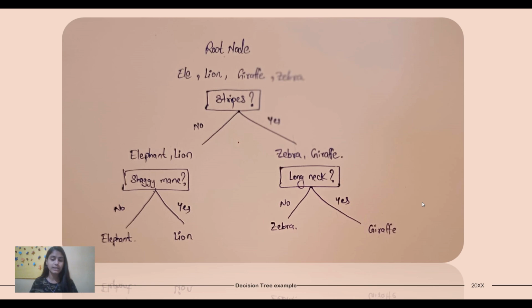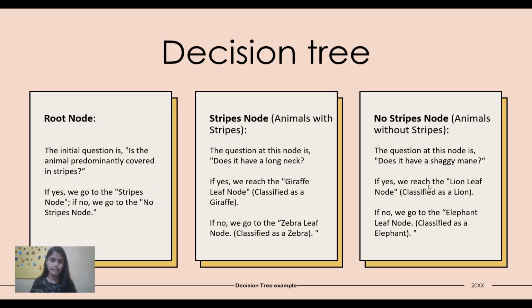Now let's take a look at the previous slide, which explains what the things are over here. At the root node, the initial question is, is the animal predominantly covered in stripes or not? If yes, we go to the striped node, and if no, we go to the no stripe node. In the striped node, the animals have stripes on their body. The question at this node is whether it has a long neck or not.